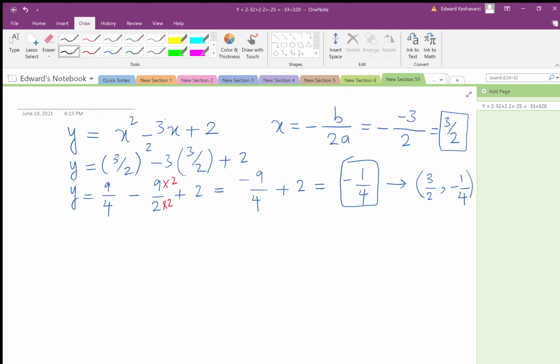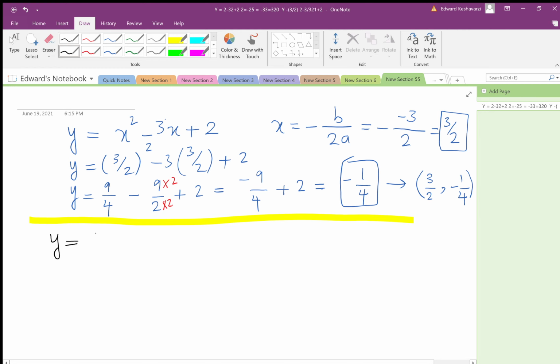The last example is this one, y equals (2x minus 4) squared plus 1. Let me change this to 2x.